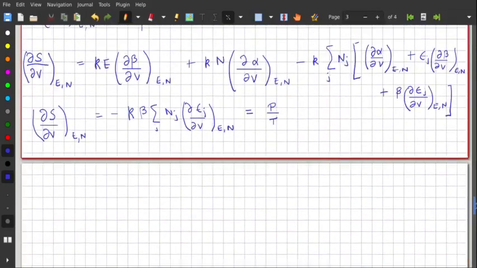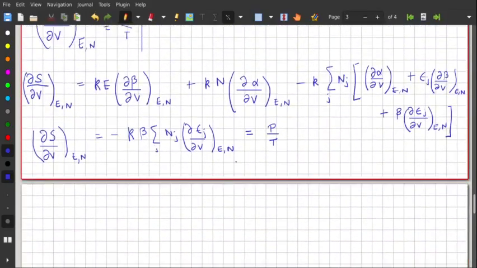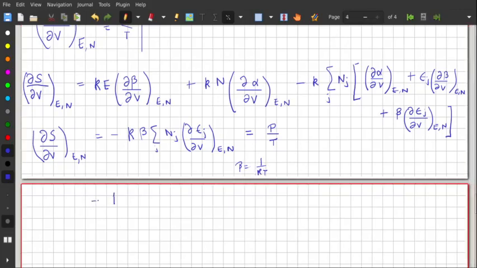Beta was 1 over kT, so K times beta is 1 over T. So this expression becomes minus 1 over T sum over j of n j partial epsilon j partial V at E comma N, and that is equal to P over T, and this therefore becomes the pressure.